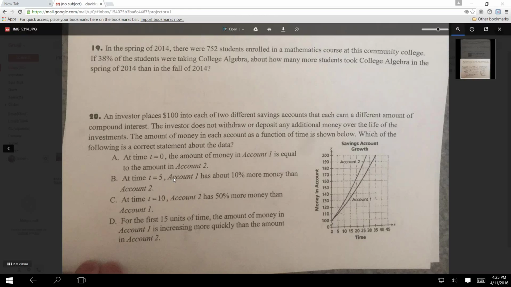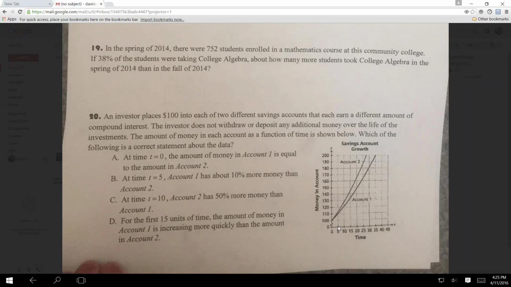At time t equal 5, account 1 has about 10% more money than account 2. Well, if we go over the 5 there, account 1 has less money. You see that? And then C says, at time 10, so let's put the cursor on 10, account 2 has 50% more money than account 1.